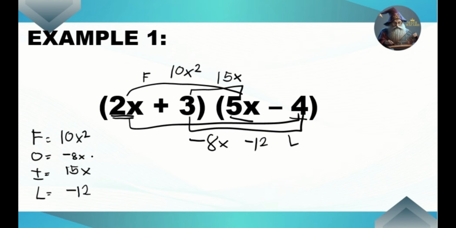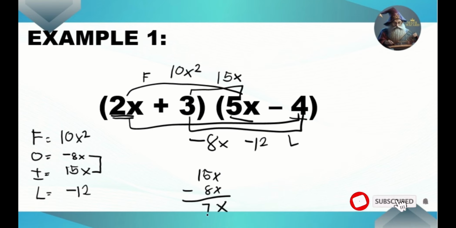And then, what we will do here is combine like terms. Remember, negative 8x and positive 15x are like terms. If we write it here, let's put the bigger one first. So, 15x minus 8x. The x is the same, we just copy it. And 15 minus 8, of course, that is 7x. So our answer here is 7x.